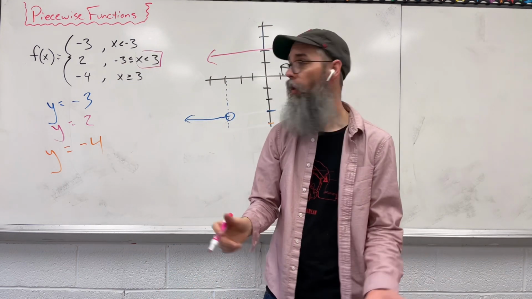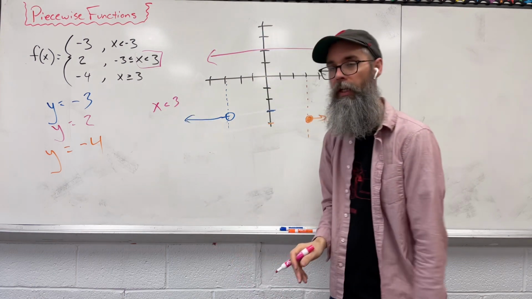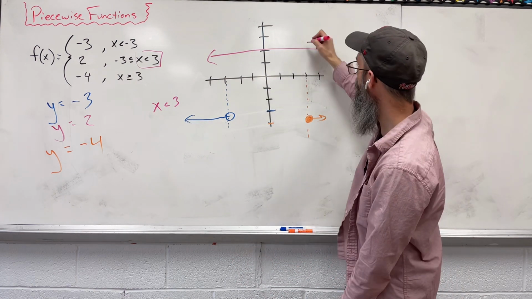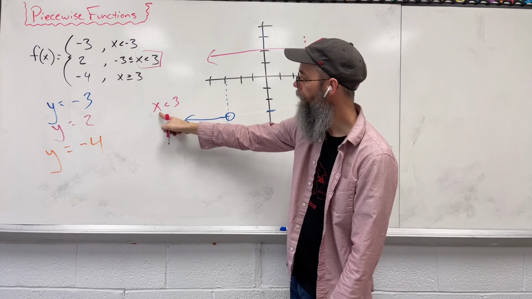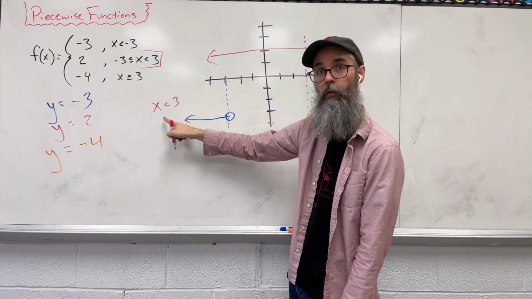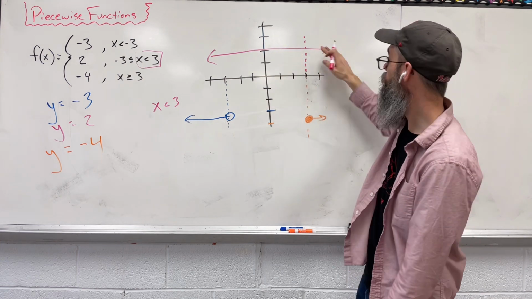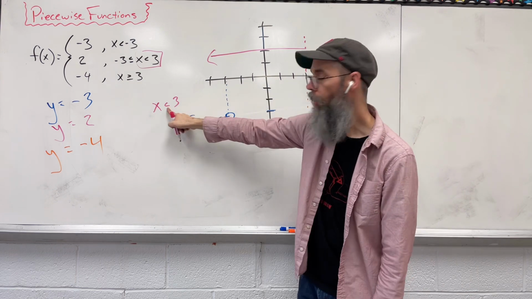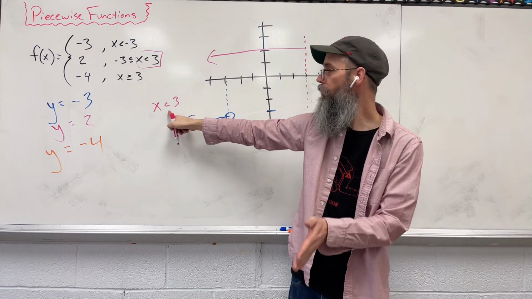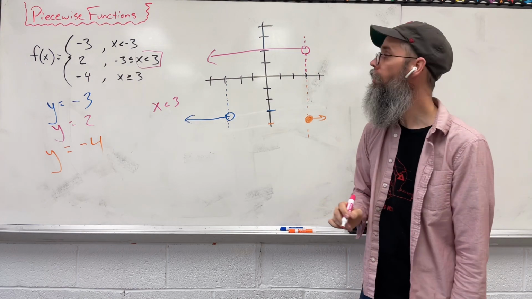An easy to read part, which is x is less than 3, which means I draw a wall at that 3. My graph exists when it's less than 3. So everything over here, goodbye. At that wall, open or closed circle to signify its starting point. In this case, no equal sign, so we have an open circle.